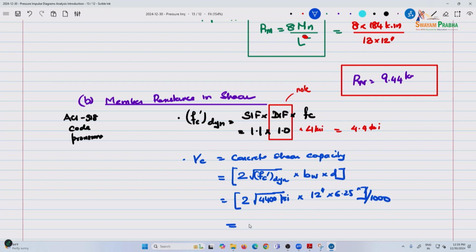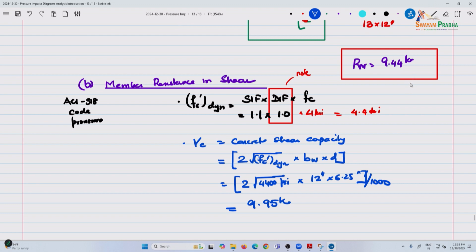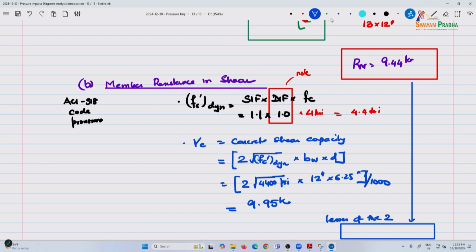So, it comes to 9.95 kips. You do get more, but this one is the lesser of the two. So, Rm is equal to 9.44 kips.